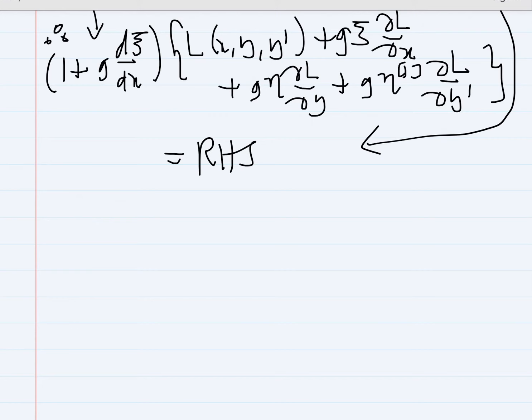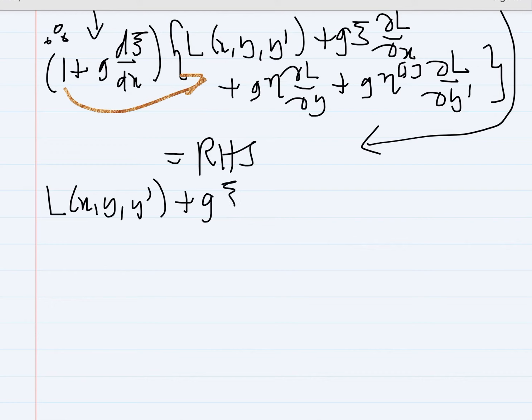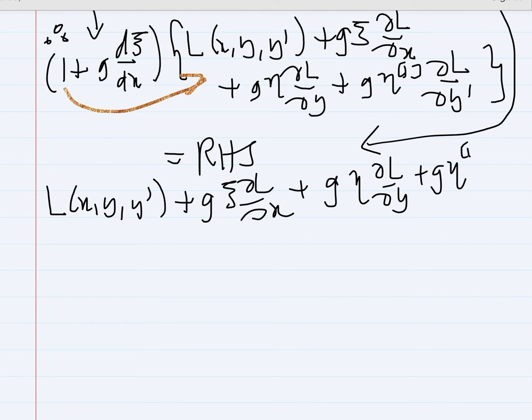So if you multiply the 1 into the curly bracket, we end up with L of x, y, y dashed plus g xi dL/dx plus g eta dL/dy plus g eta 1 dL/dy dashed.